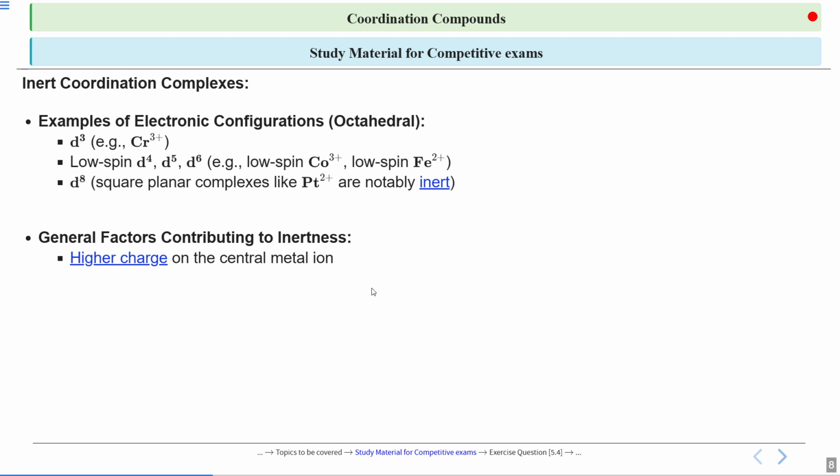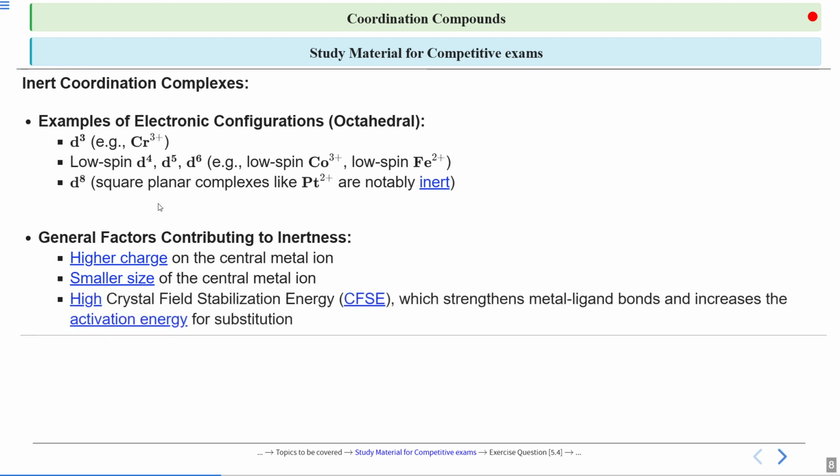As the central metal ion has a higher charge, the coordination complex formed by it will be inert, or you can say inertness will increase. Similarly, a small size of the central metal ion contributes to the inertness of coordination complexes.